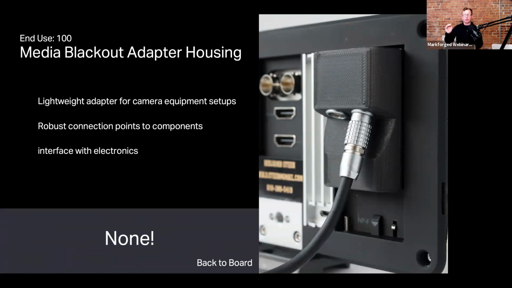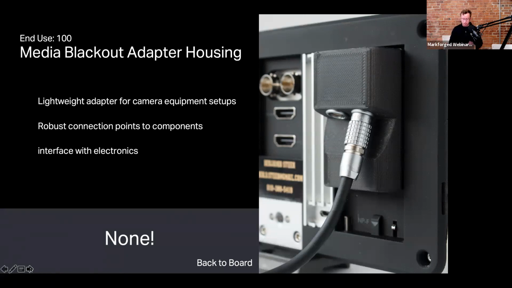And if you don't need the material requirements of metal, or of a really high strength robust plastic, then you can just 3D print it out of Onyx. It's really that this part doesn't undergo any really high loading conditions. Even if it were dropped, it would probably be okay once it hit the ground. I'd probably be more concerned with the other equipment.